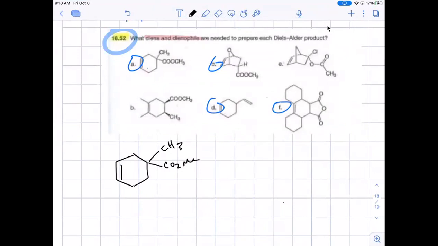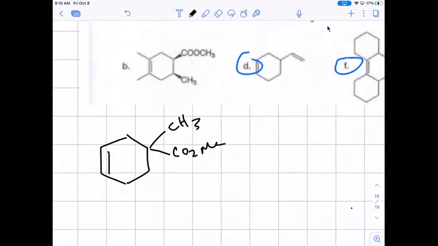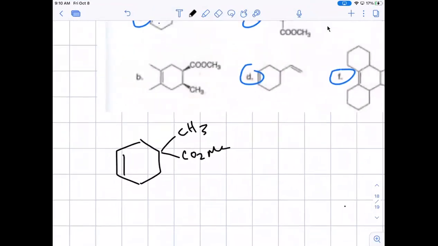So we're looking at A. And the question is, how do we go back to the starting material? What was the strategy we talked about with the retrosynthesis? Doing the arrows backwards. Yes. So where would you start? The double bond. Start at the alkene, right? That's the best place to start.